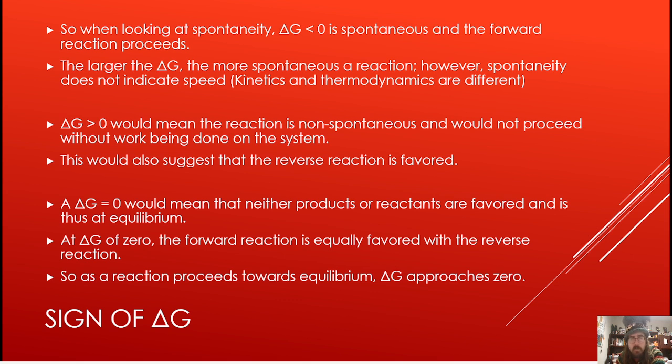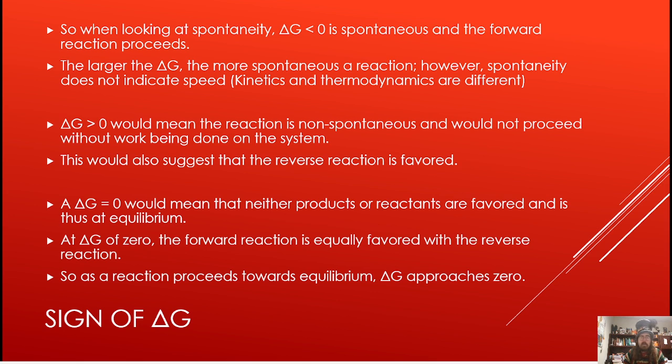Kinetics is different from thermodynamics. Just because a reaction is spontaneous doesn't mean it's going to occur quickly. It just says that it will occur. And delta G being greater than 0 does not mean something will not work. It just means it's non-spontaneous and it will not work without outside work being done.